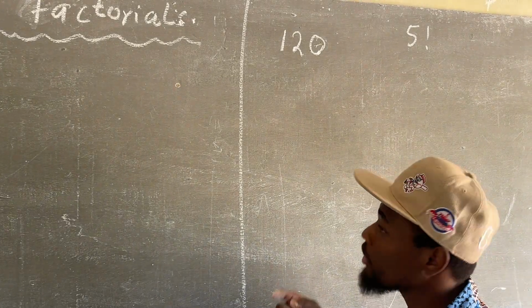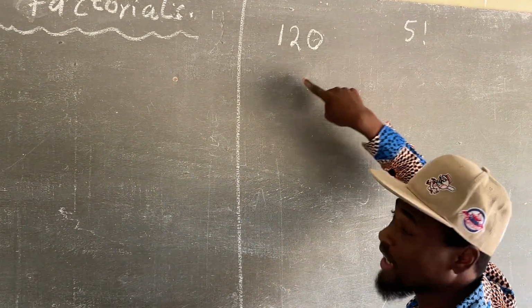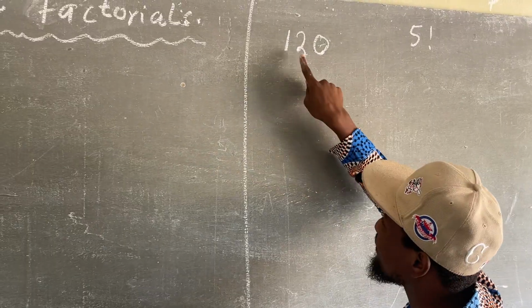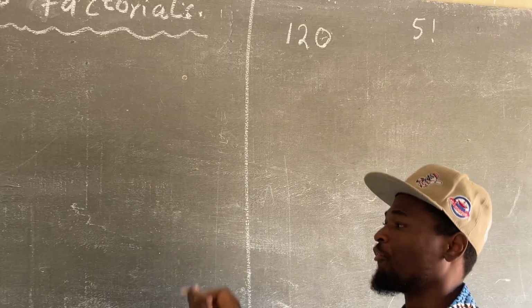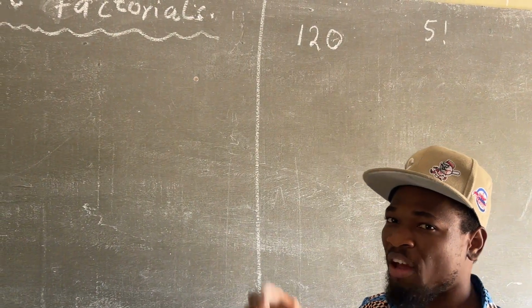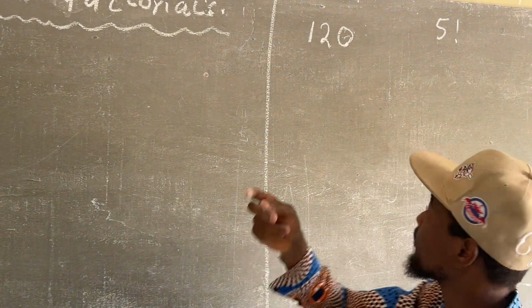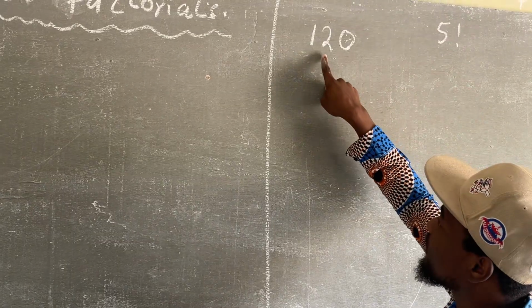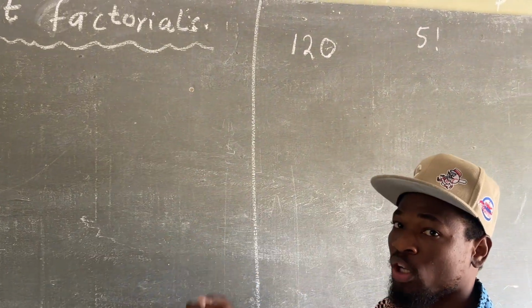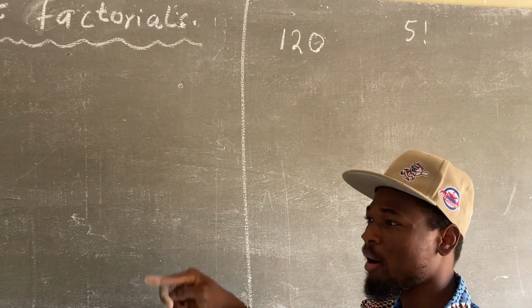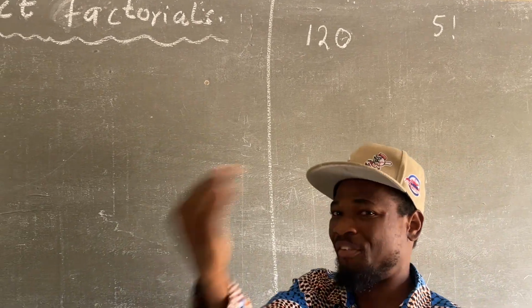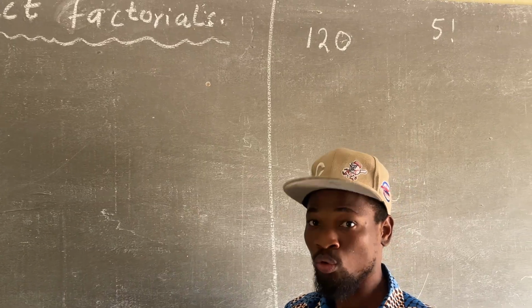When you punch 5 factorial onto the calculator, you straight away get 120. The process of reversing to why the answer is 120 is known as backward factorial. Backward means reversal.